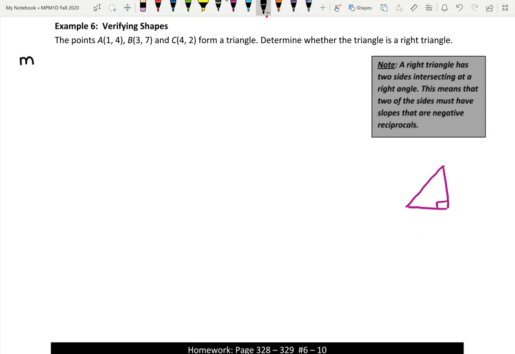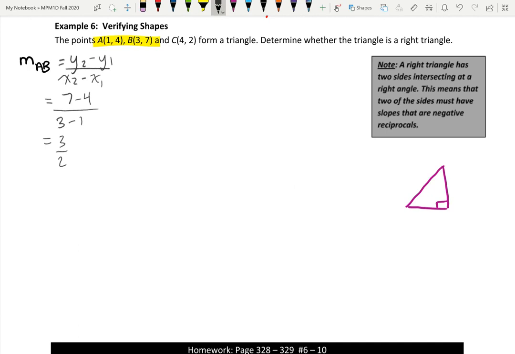So I'm going to find the slope of AB. So right now I'm only working with point A and point B. I'm going to plug in my values just with points A and B, and I'm going to solve. Okay, so the slope of A and B is 3/2.